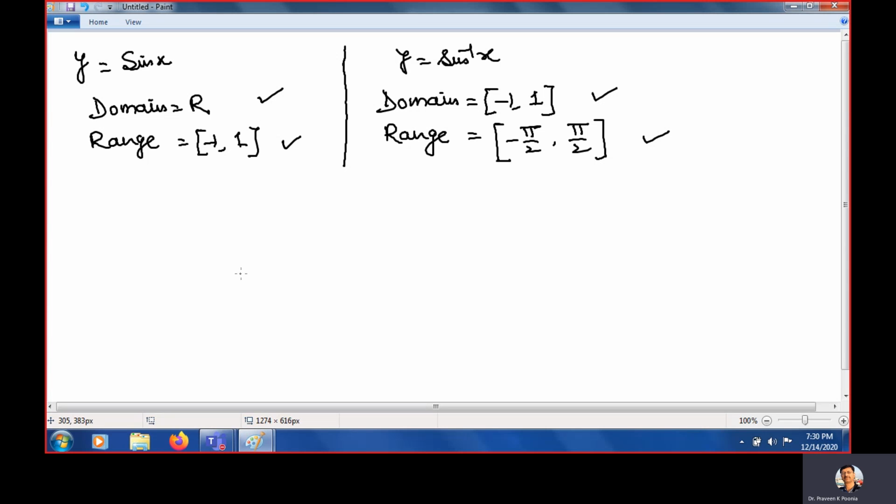So this is another important thing I want to tell you, that there are two important things I will tell you. One is sine of sine inverse x is always equal to x. And here, please remember, x will be from minus 1 to 1 because we are taking sine here.